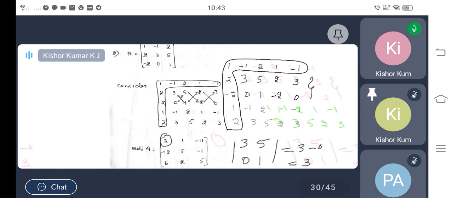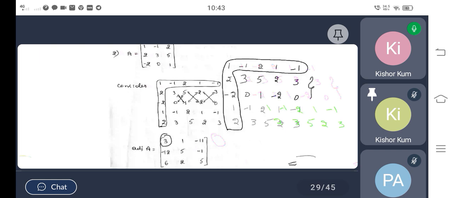So what are the next 4 elements we have? I am going to consider the next 4 elements, in the same first 2 rows. That is 5 2 1 minus 2.